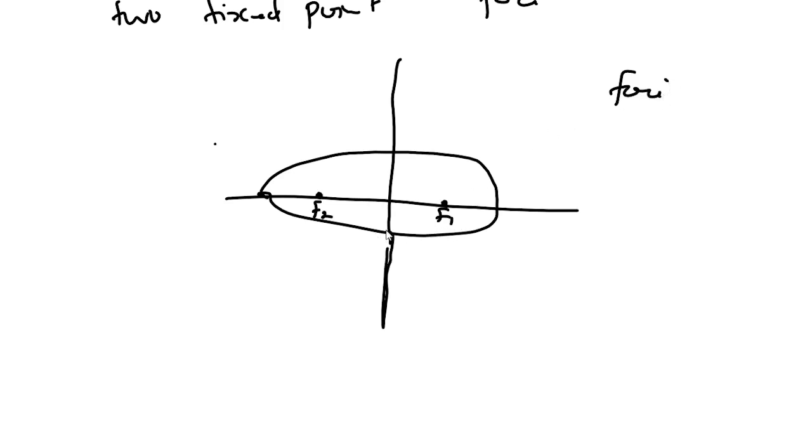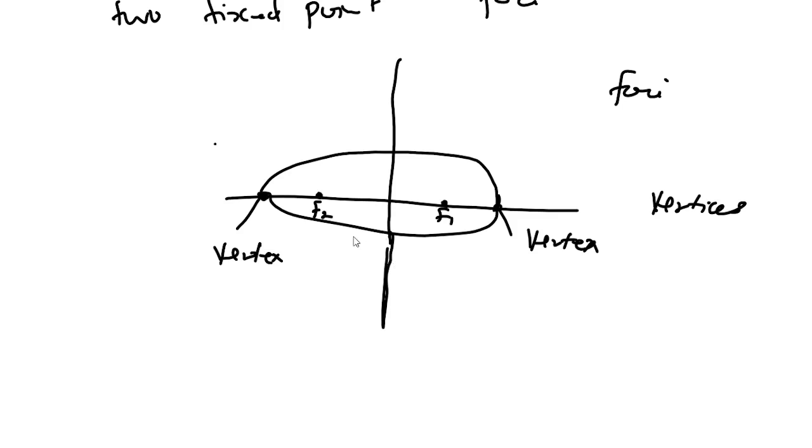And also the line containing the foci intersects the ellipse at a point called the vertex. Now this line is intersecting this ellipse at this point here and also at this point here. So this point is called the vertex, and the same way here. So in the plural form we say vertices.